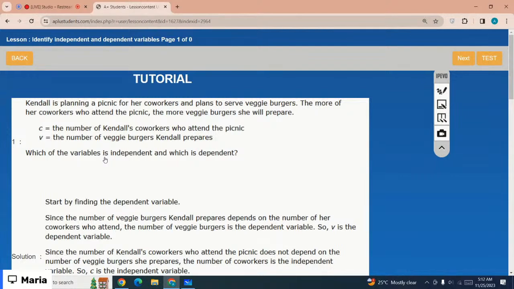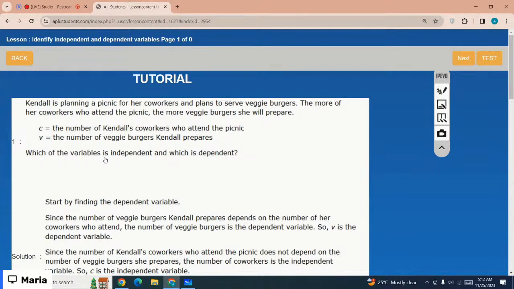So the co-workers are independent, and the number of veggie burgers she makes is dependent on how many people attend the picnic, right?